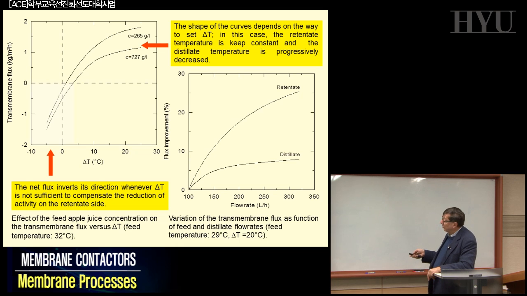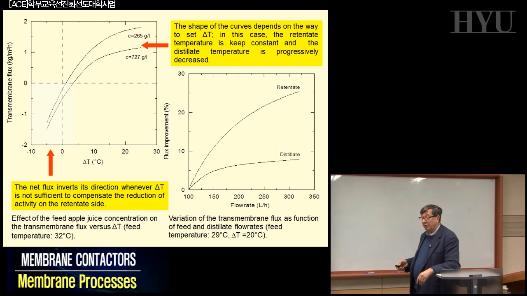Here you can see also how the variation of the transmembrane flux is a function of the feed and distillate flow rate. Again, nothing changed in the membranes, but it is boundary layer phenomena, interfacial phenomena, and that can be quite significant. You can have different flux depending on the flow rate that you are applying to the system, from the Reynolds number, that means the velocity with which you are moving your solution at the interface.